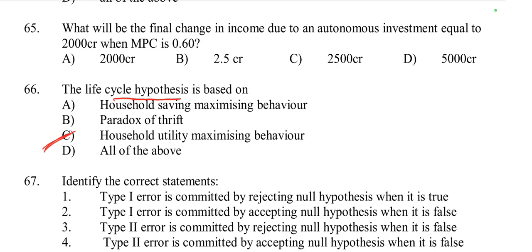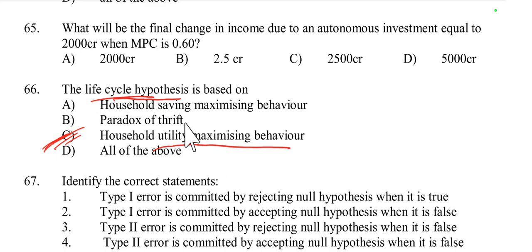It suggests that individuals plan their consumption and saving over their lifetime with the goal of smoothing consumption across different stages of life, typically saving during working years and dissaving during retirement. So the individual seeks to optimize lifetime utility by balancing consumption and savings at different stages of life to maintain a stable standard of living.